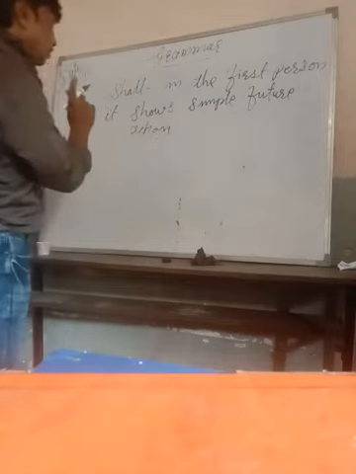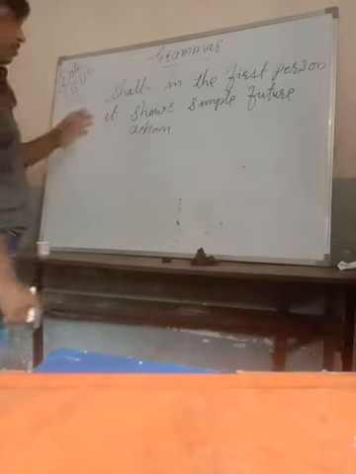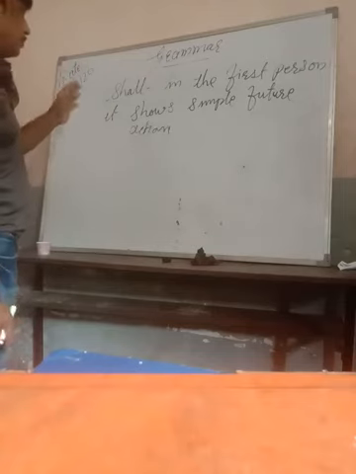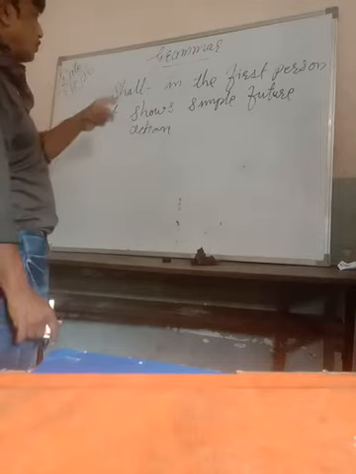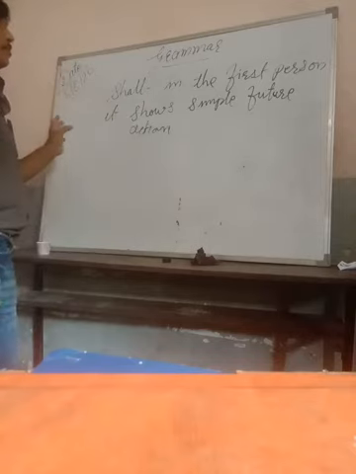So look here, look at the blackboard clearly, carefully. Actually the definition I wrote and the use of the shall is written here. What is that? Shall shows the simple future action in the first person.